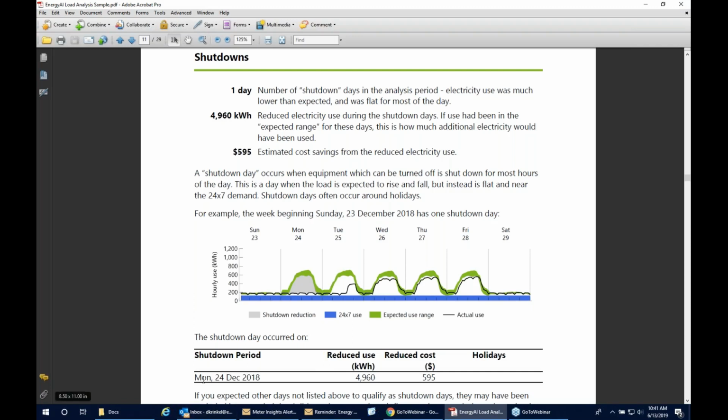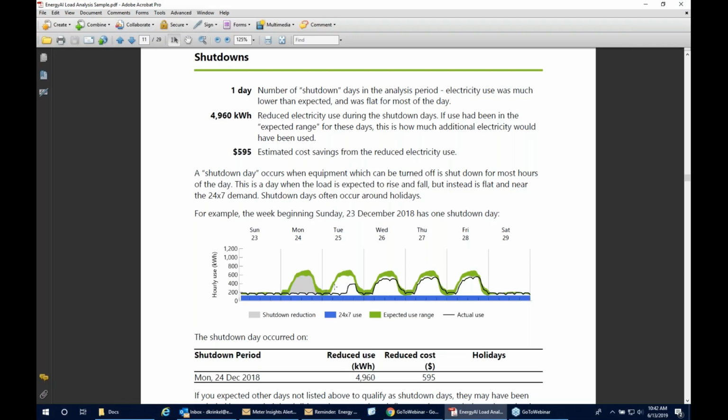So here, for example, we're seeing one shutdown day, which is Monday, December 24th, the day before Christmas. However, notice Christmas. Why isn't Christmas a shutdown day? Well, there is a bump there. And again, what we're looking for is a day where the load stays relatively flat and relatively close to the 24/7 level. And in fact, if you look at other major holidays throughout the year, they all look kind of like Christmas.